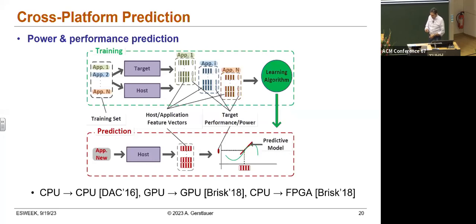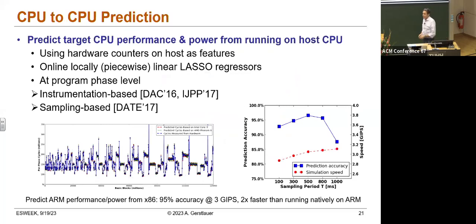This has been done for many different combinations, predicting from one CPU to another. That's what we've done. Other people have done GPU to GPU predictions or CPU to FPGA predictions, for example, predicting across different implementation targets. The one thing you can leverage today is that we have information on most existing simulation hosts.